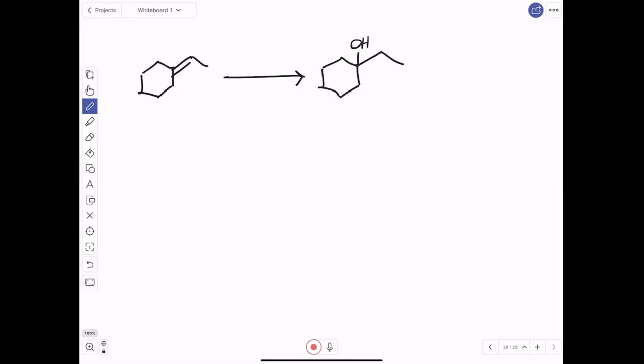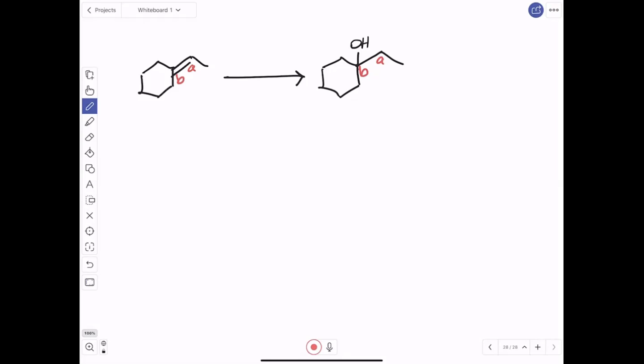We have an alkene, product is an alcohol. So if I call them A and B, you have to add a hydrogen to carbon A and OH to carbon B. Now, this is hydration, right? It's a simple hydration.